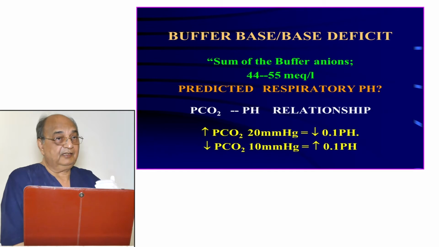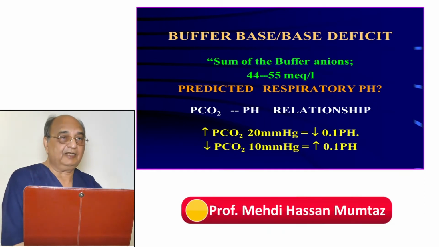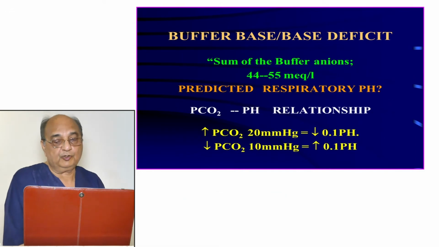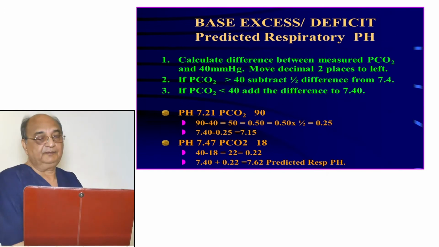On the other hand, if you lower the PCO2 by only 10 millimeter mercury, it will increase the pH by 0.1. So it means a little bit of lowering will affect the pH more than double the increase.